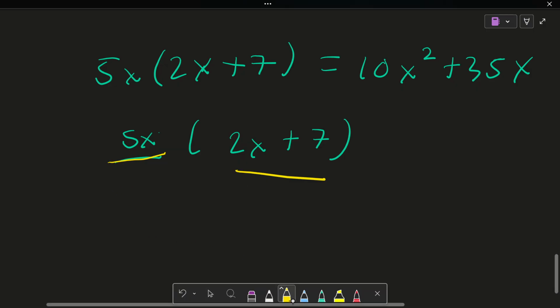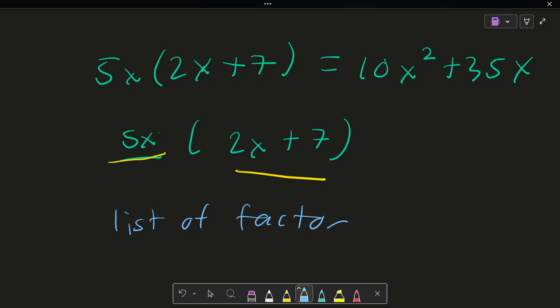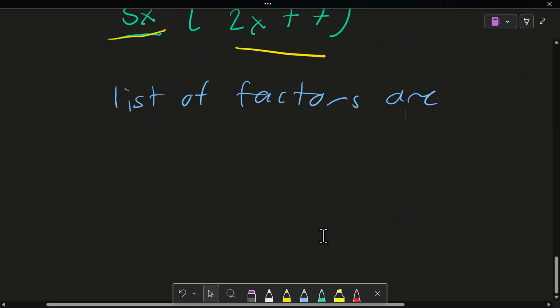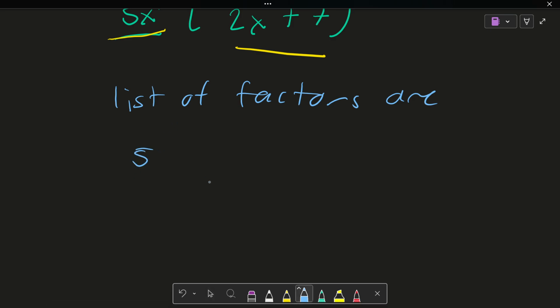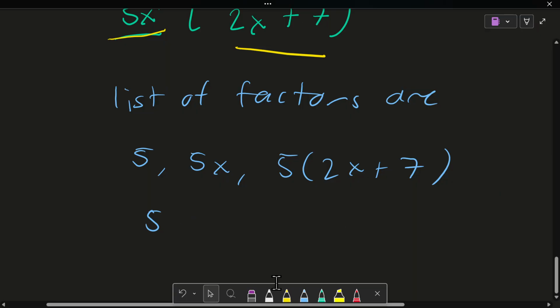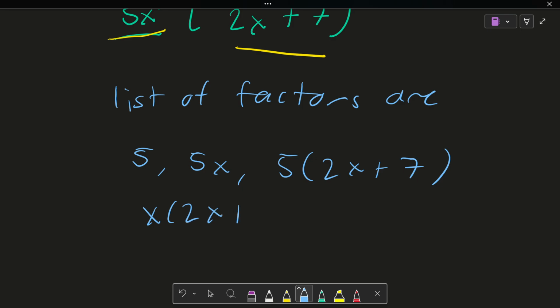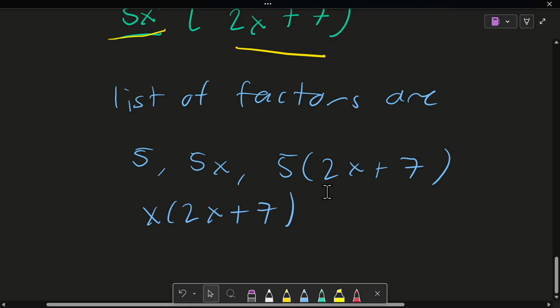So the list of factors will be 5, 5x, 5 multiplied by 2x plus 7, and x multiplied by 2x plus 7.